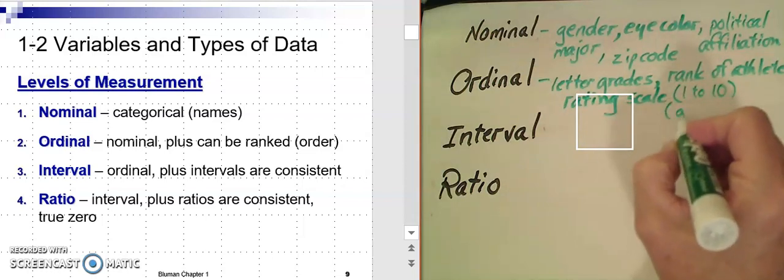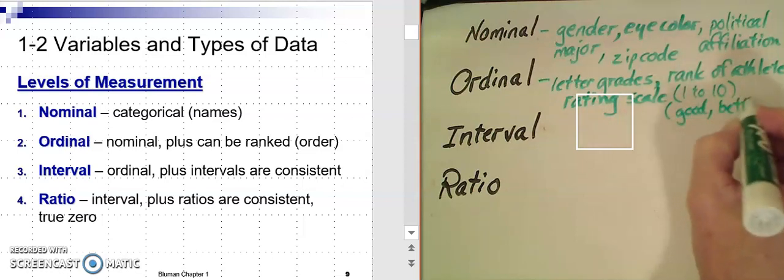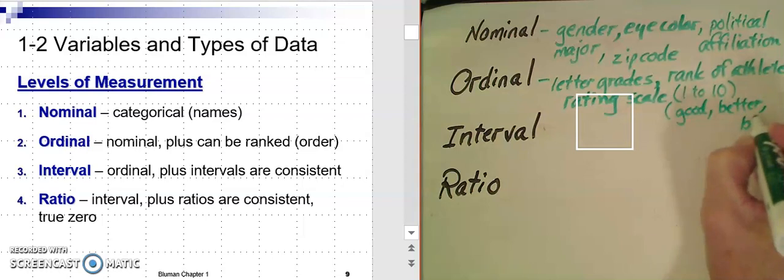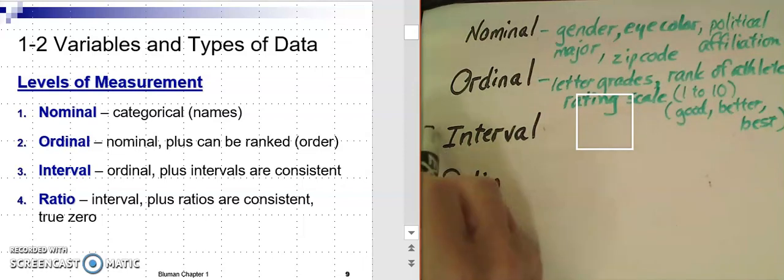The rating scale might be good, our service was good, it was better, or it could have been the best you've ever had, that kind of thing. So those are ordinal measurements.